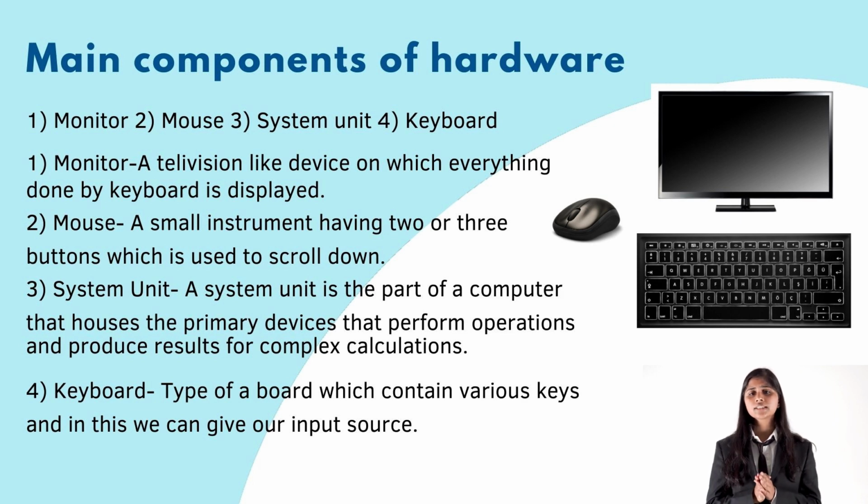The system unit is the part of a computer that houses the primary devices that perform operations and produce results for complex calculations. It controls all the complex things like calculation, so it is the main component of hardware.